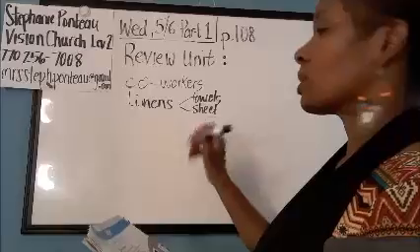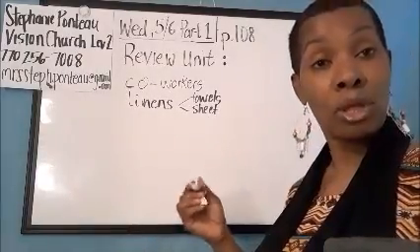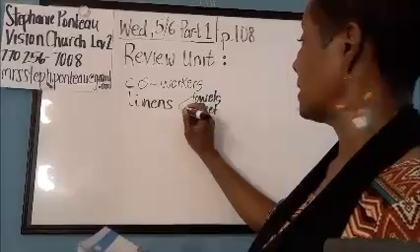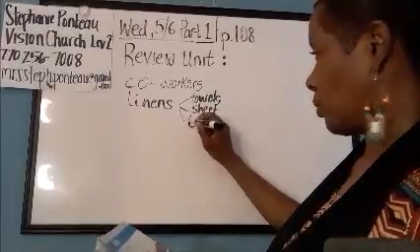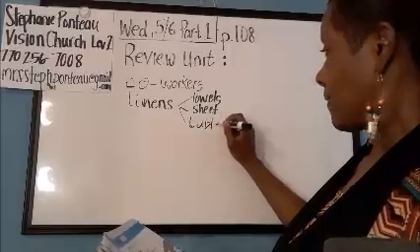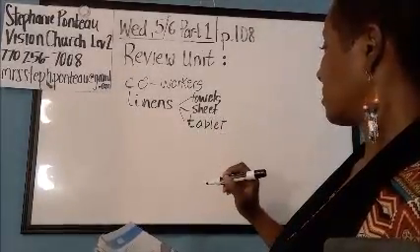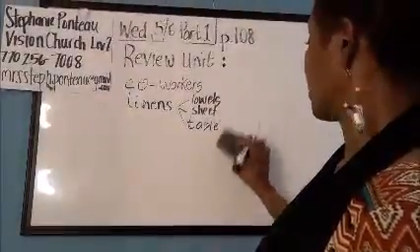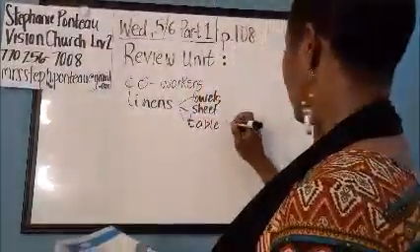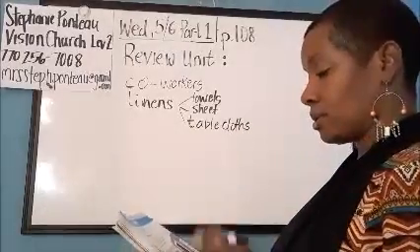Towels, sheets, washcloths, curtains, tablecloths, all those kinds of things are linens. And Unit 8 is the unit where we were at the hospital, right? Tablecloths. Okay. All right, so those are all linens.